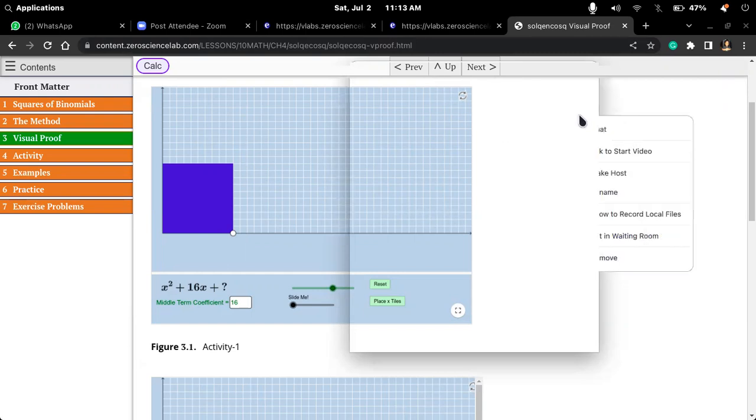Then you can directly come here. Yeah, I put okay. Chat rename and let's start video. Okay, sir, I think that will work out.